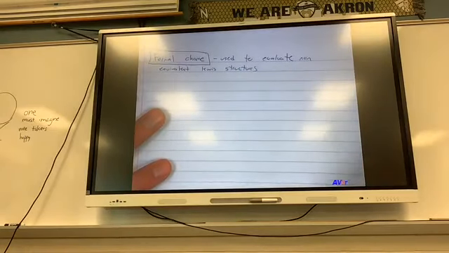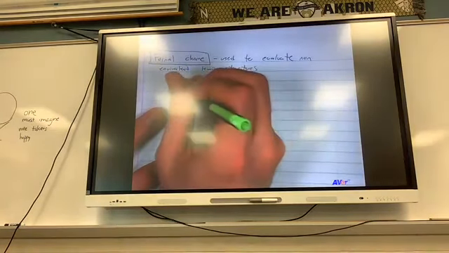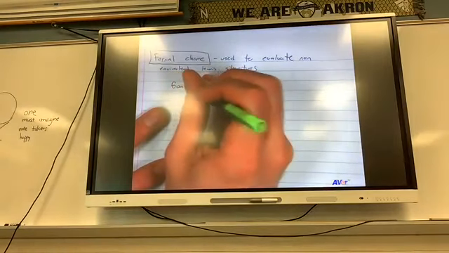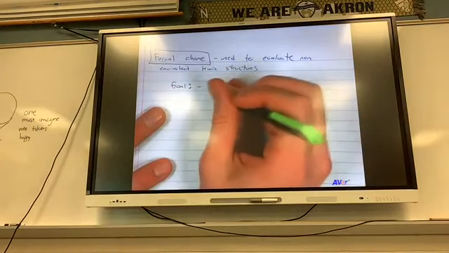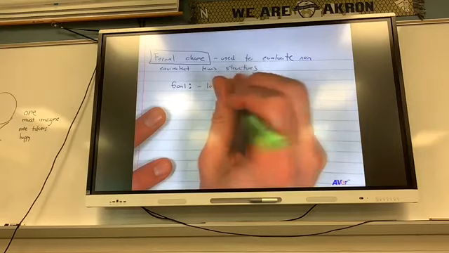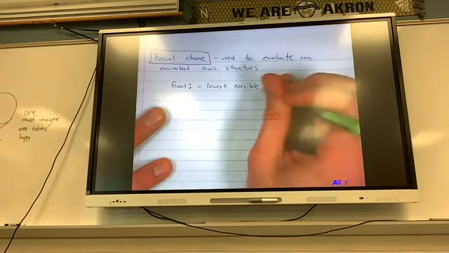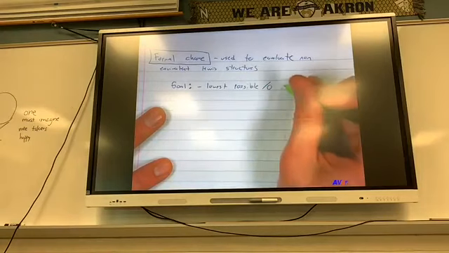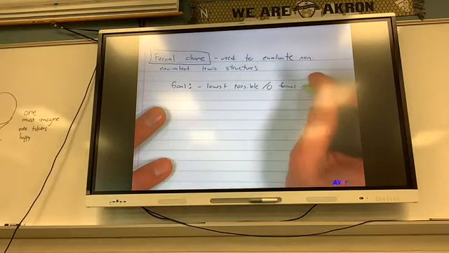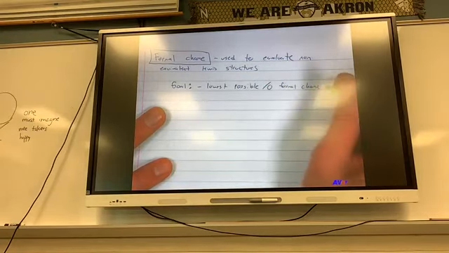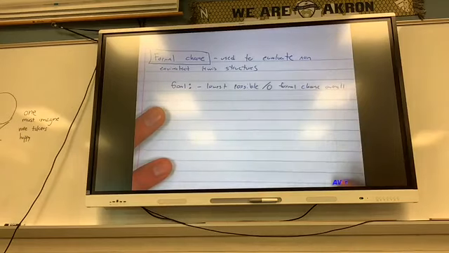So there are a couple of goals that we have with formal charge. Goal number 1 is to have the lowest possible, or 0, formal charge overall. So that's goal number 1.